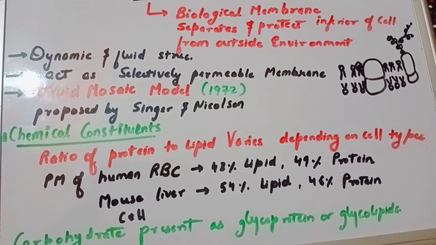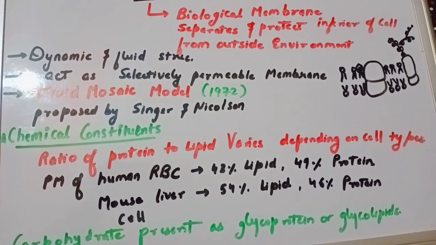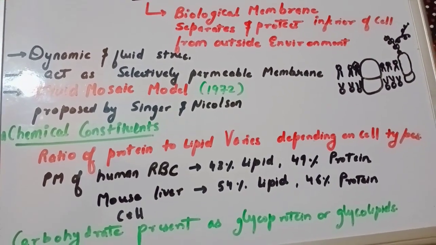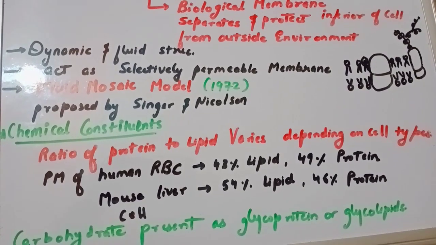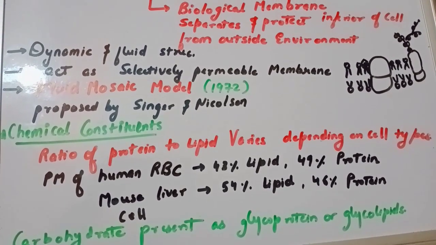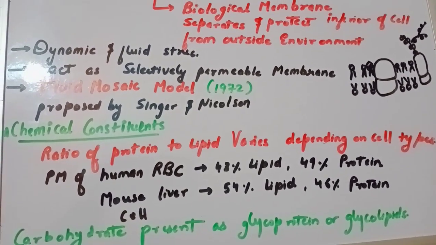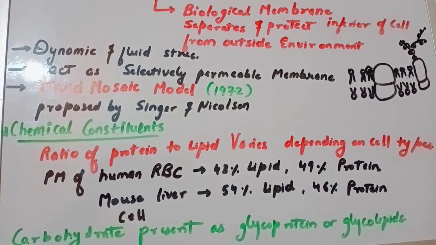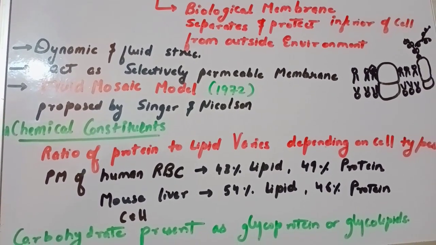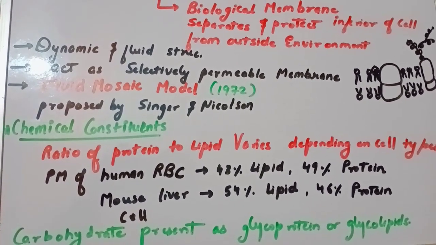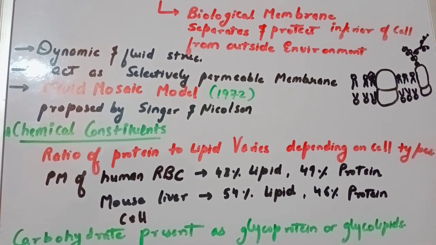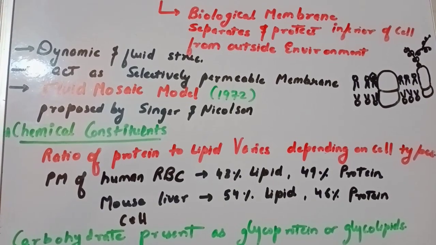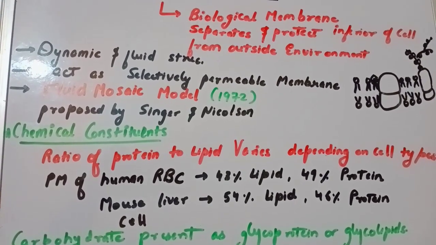For example, in human RBC, the plasma membrane contains 43% lipid and 49% protein, whereas the plasma membrane of a mouse liver cell contains 54% lipid and 46% protein.